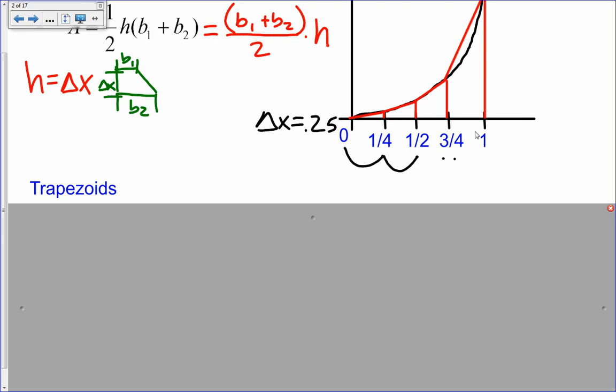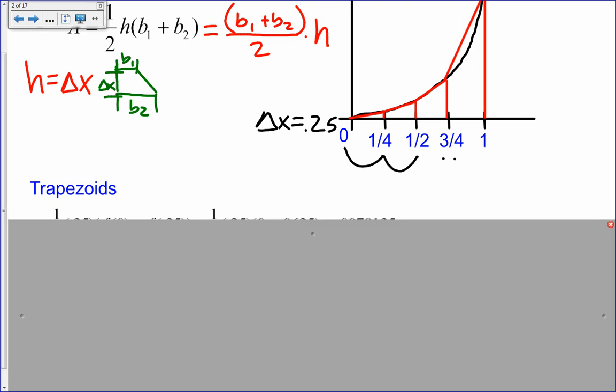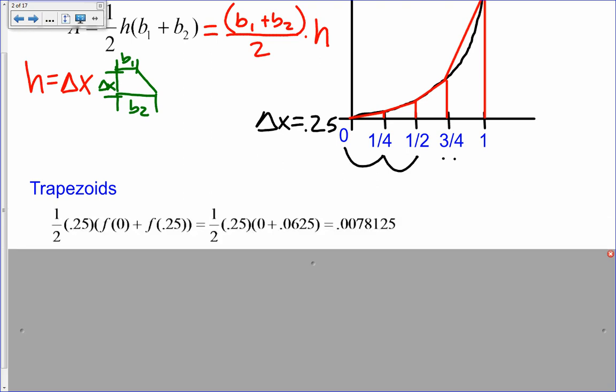So our first trapezoid, we're going to be taking the area of this tiny one to begin with here. And this is actually a triangle, not a trapezoid, so that will reflect in our equation. So right here, the area of our first trapezoid, we have the sum of our bases, which in these equations are going to be f of x i minus 1 plus f of x i.